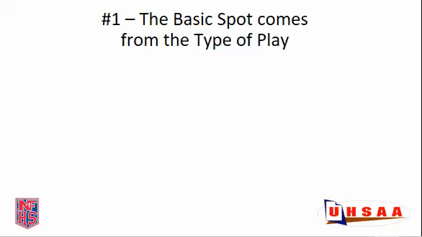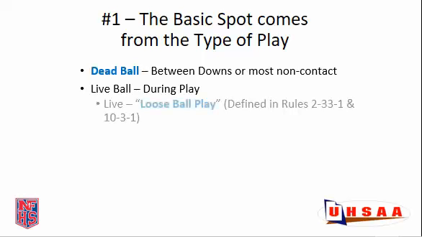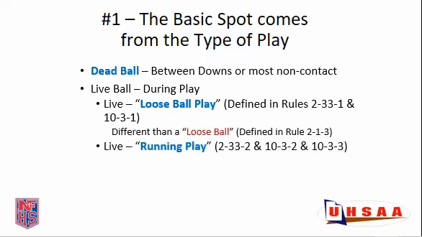The first step is to know when, and this boils down to four different categories. First, was the ball live or dead when the foul occurred? Dead ball fouls are all handled exactly the same way. If the ball's not dead, then it must be live. And if it's live, it's either in somebody's possession or it's not.